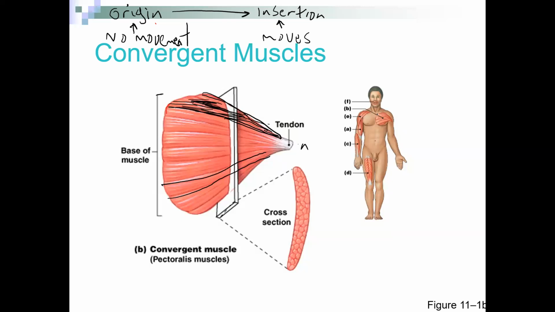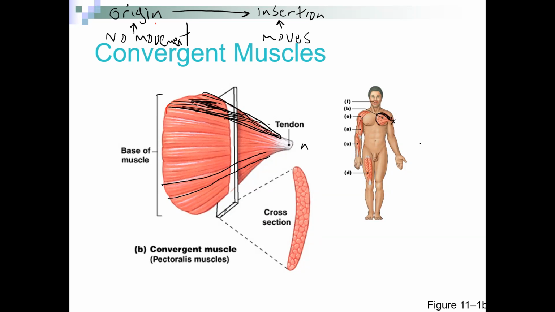So if you look here on the little man, you can see the broad base here, and this pectoral muscle is attached to multiple ribs. So if you contract the muscles up near the top rib, you pull on the humerus here, which is the insertion, and you cause the arm to move up.